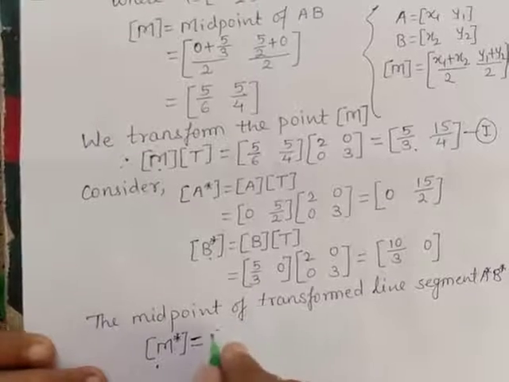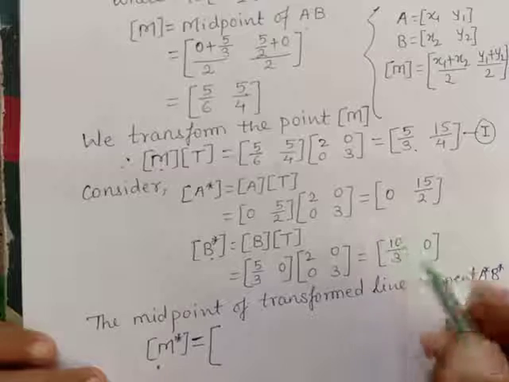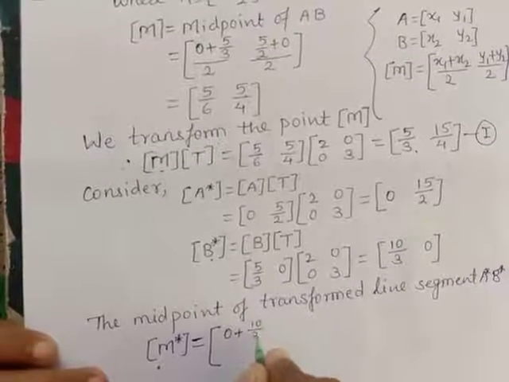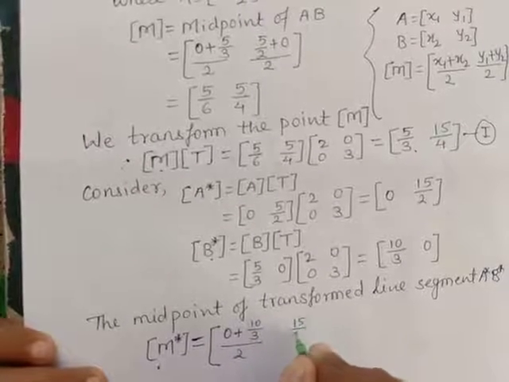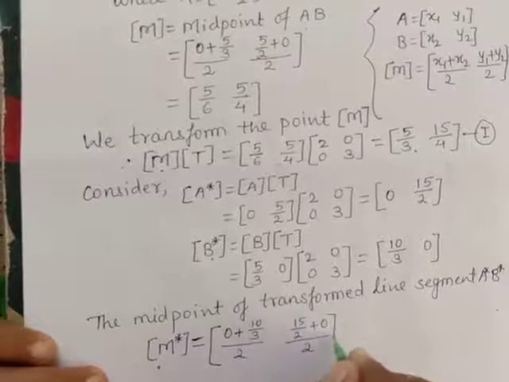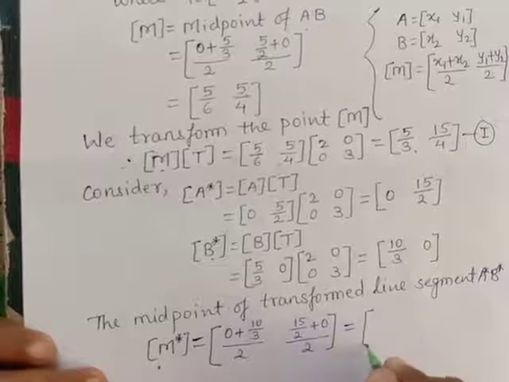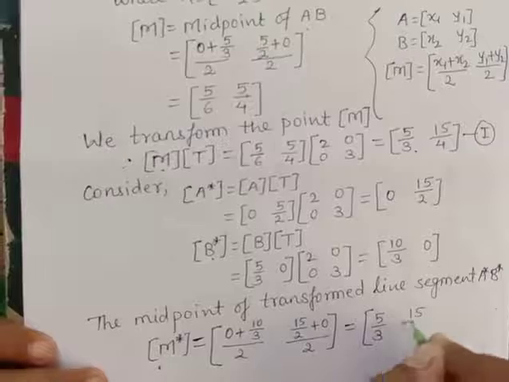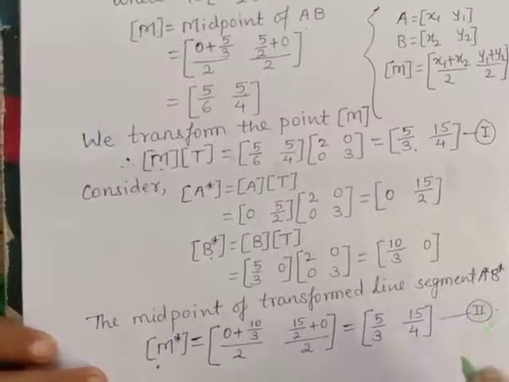That will be the addition of the x coordinates divided by 2, so 0 plus 10/3 upon 2, and again 15/2 plus 0 upon 2. That is nothing but 5/3 and 15/4. Call it equation number 2.